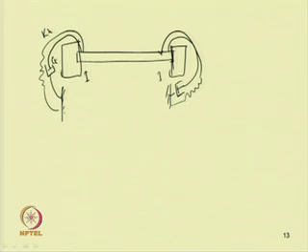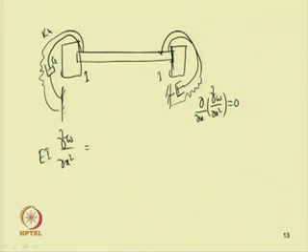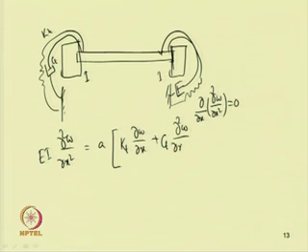In this case, the shear force will be equal to 0, that means del by del x of del square W by del x square will be equal to 0, but the bending moment E I del square W by del x square will be equal to A into KT into del W by del x plus CT into del square W by del x del T plus I0 into del cube W by del x del T square.